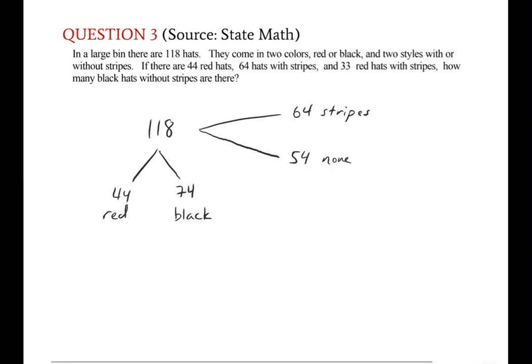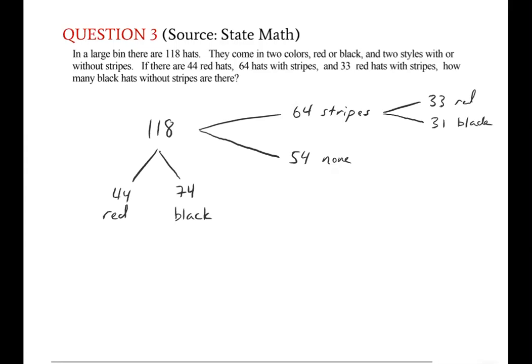We also know that there are 33 red hats with stripes. So if there are 33 red hats with stripes, then there are 64 minus 33, 31 black hats with stripes.